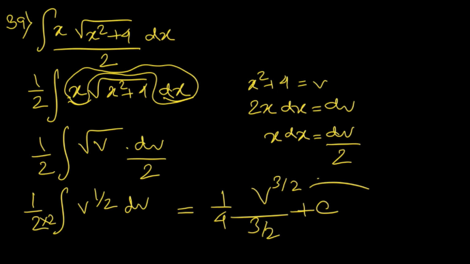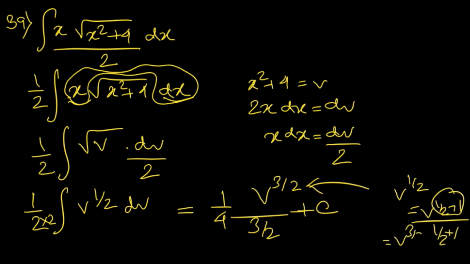This is a basic formula of integration. If you can't remember it, I am writing it. V to the power half plus 1, divided by the total half plus 1, is v to the power 3 by 2 by 3 by 2. The power gets added by 1 in the case of integration.